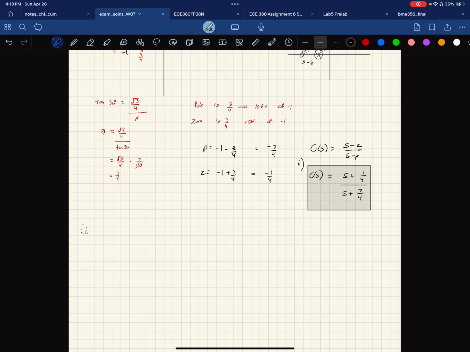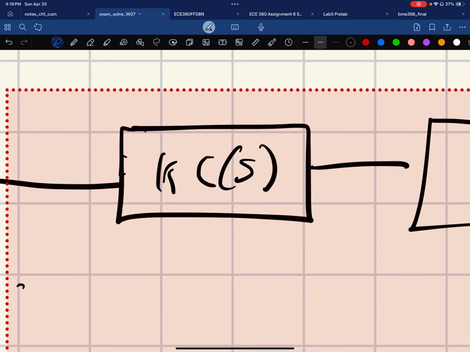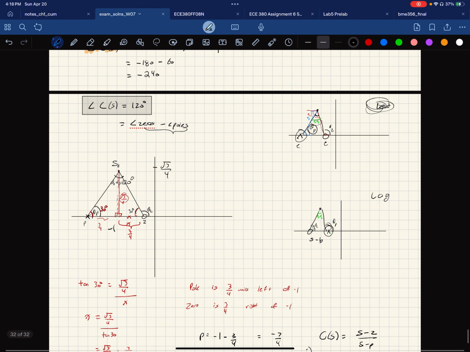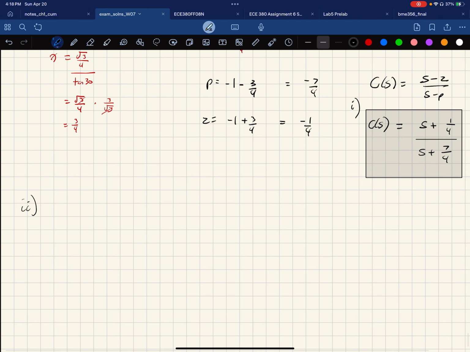The second part is asking what the gain is, because it's not C(s). If you look at the original graph, it's actually K C(s), correct? So what's K? Then you have to use the other rule, which says that your compensator shall not change the gain of the system at s_d, meaning that your compensator's gain multiplied by the magnitude incurred by the system at the desired pole is going to be 1.